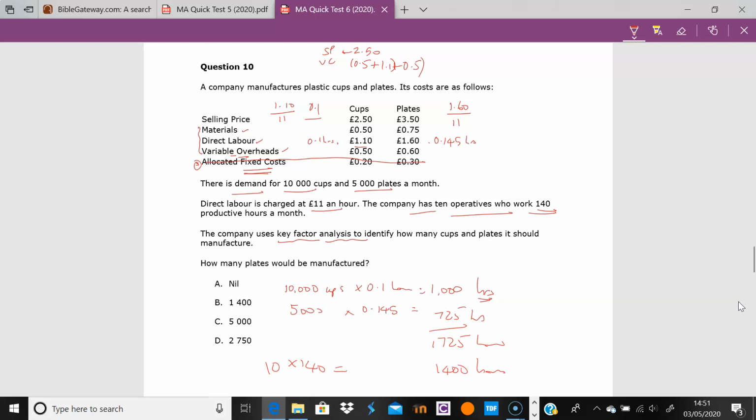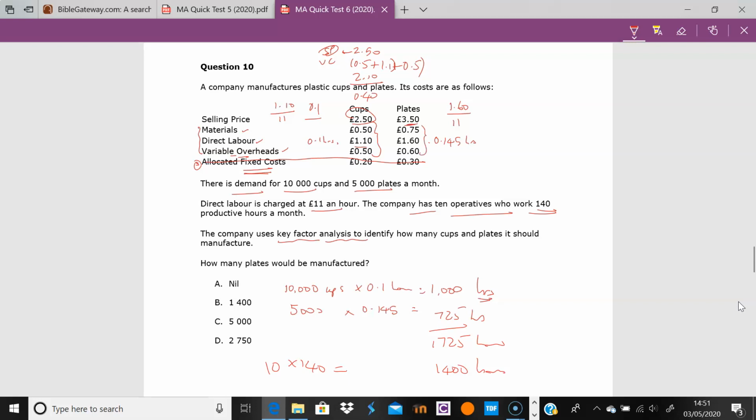So my variable costs come to 50p plus £1.10 plus 50p again. That's £2.10, and so my contribution is 40p. Make sure you're happy with how I've arrived at it: selling price minus all of these three. I do exactly the same thing here.